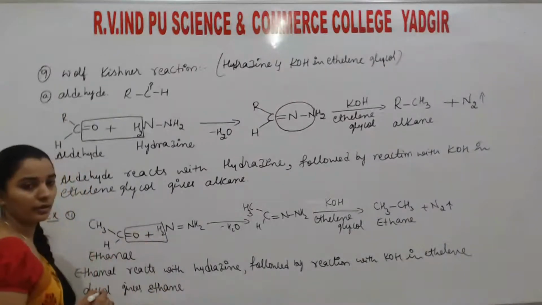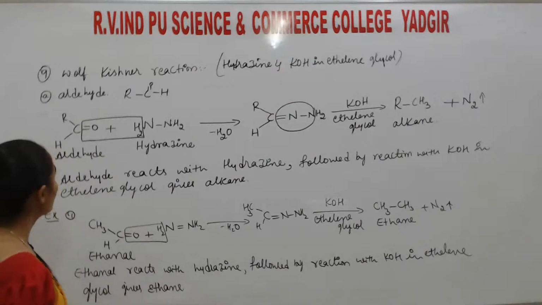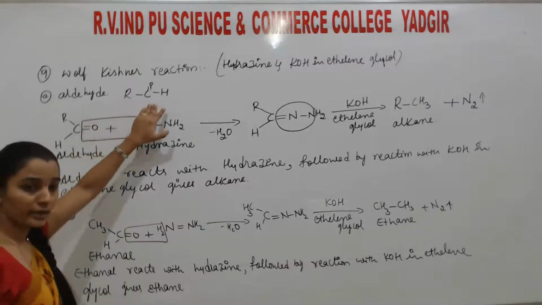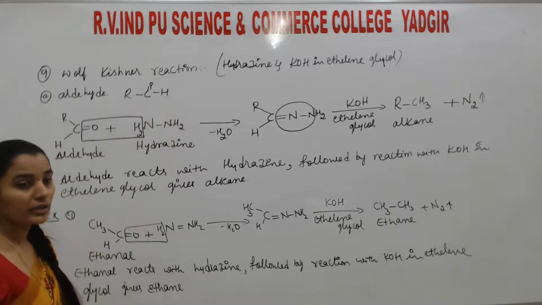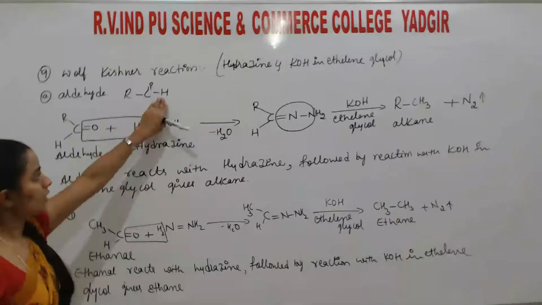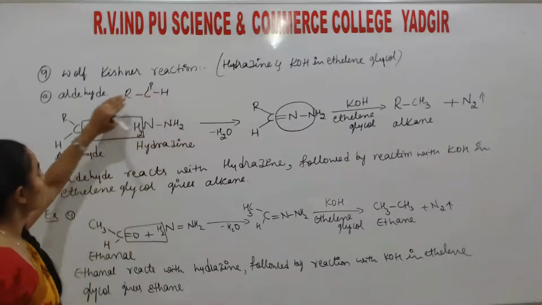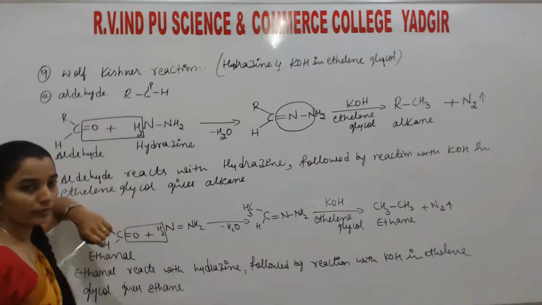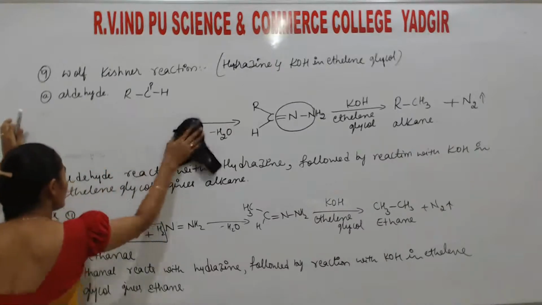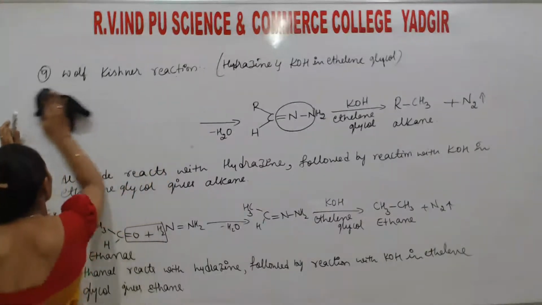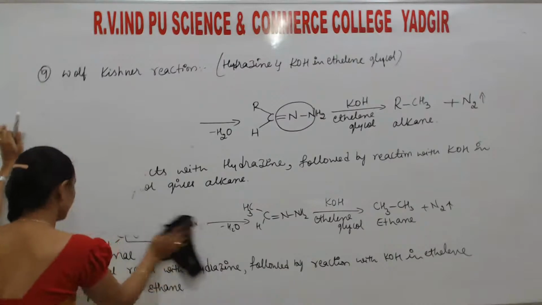This is the reaction for aldehyde. Understood? So here the only change is what? If this H is replaced by R, then it is ketone. Understood? Just write the reaction here. Wolff-Kishner reaction for ketone.